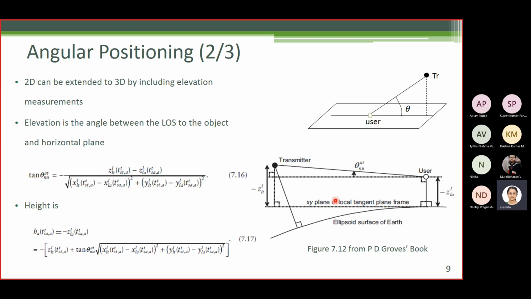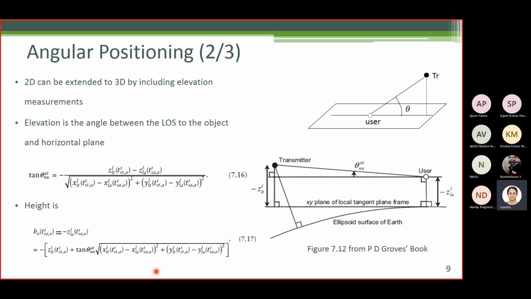So here the only unknown is this one, correct? From this equation, with rearrangement of terms, we can calculate the user height, right? So this shows how with the help of elevation we can find user height.